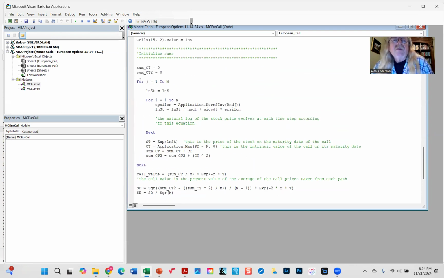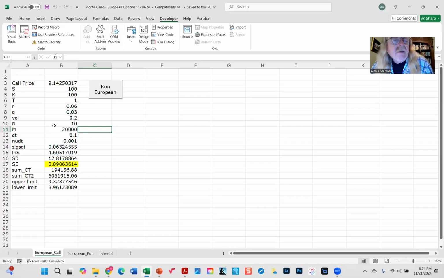The code itself is really right here. We have m paths, and on each of these m paths we have n steps, which we can set to anything we want. But it turns out that the number of steps on each path doesn't really affect the convergence speed, or the accuracy for that matter.